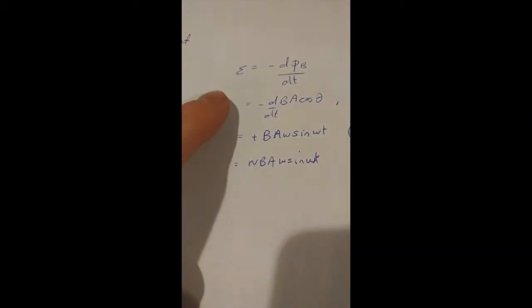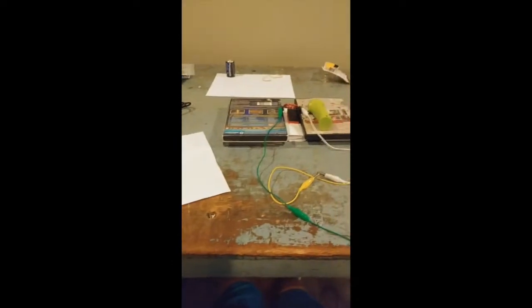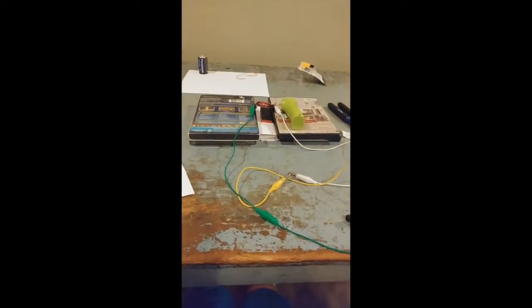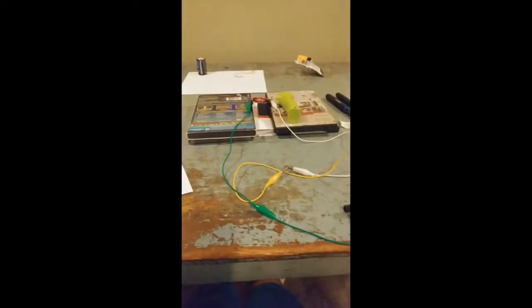Dividing both sides by R, you get the current response as seen in this equation. So the current varies sinusoidally with time, and we are going to try to measure that using Logger Pro and a current sensor.